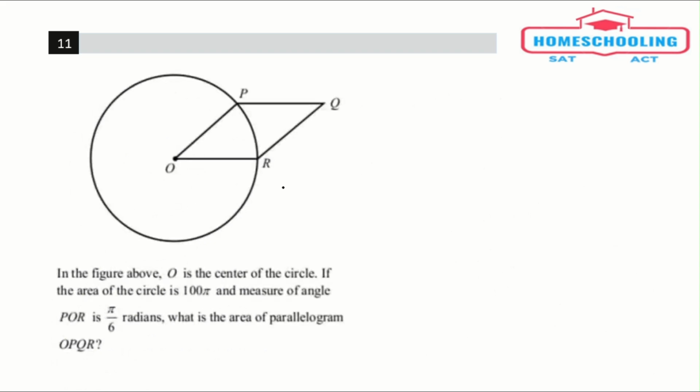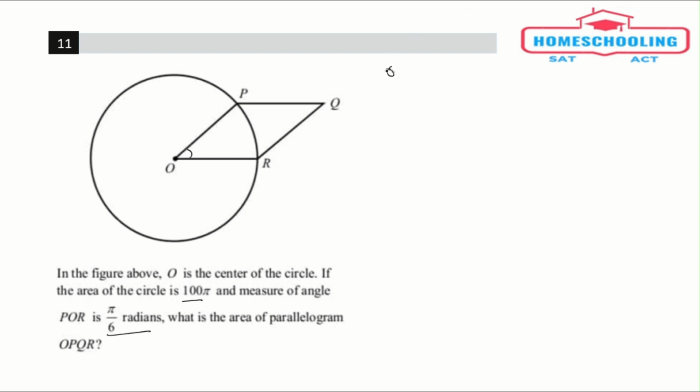Here in the figure, O is the center of the circle. The area of the circle is 100 pi, and the measure of the angle is theta.